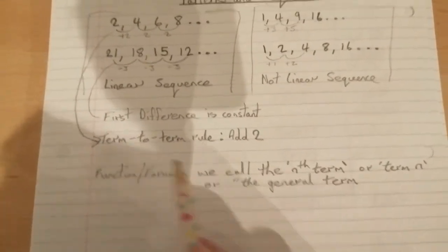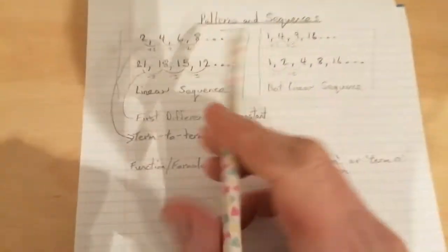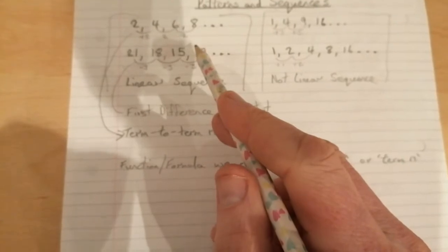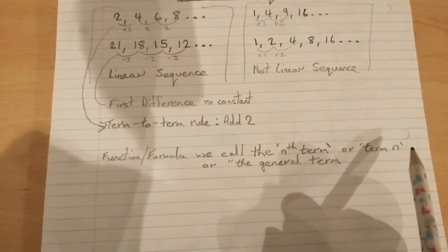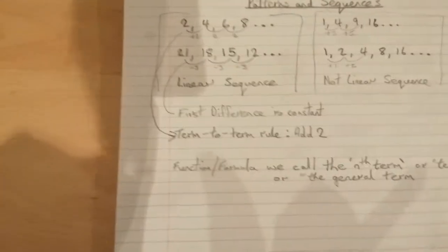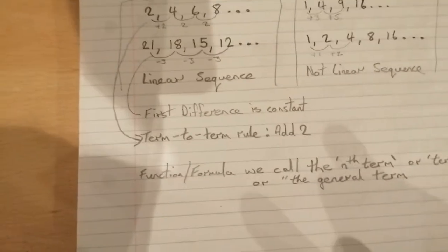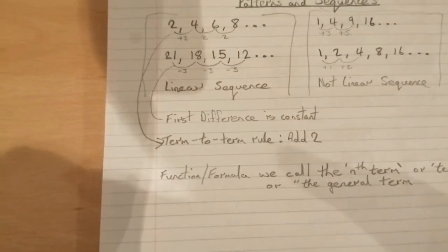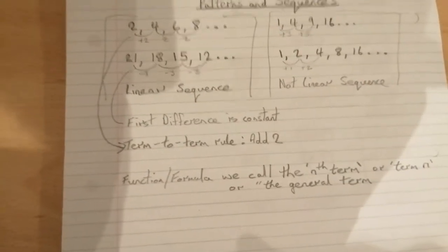So the function or formula that we could describe these linear sequences with, or these linear patterns, we call it the nth term, or term n, or the general term. Okay, so this formula, we have a way of coming up with the formula, and then we have different uses for the formula. So first of all, let's work out how we'd come up with the formula.